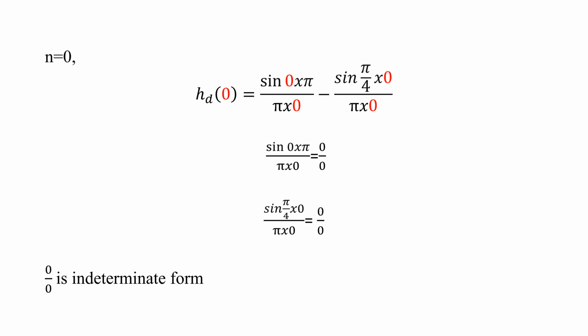Now for the first value, n is equal to 0, we have to find the filter coefficient hd of 0. We take the hd of n equation and in place of n we have to substitute 0. But if we substitute 0, we will get the indeterminate form 0 by 0 because sin 0 is 0.